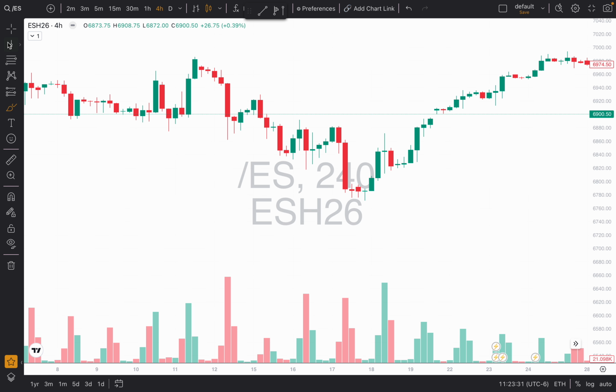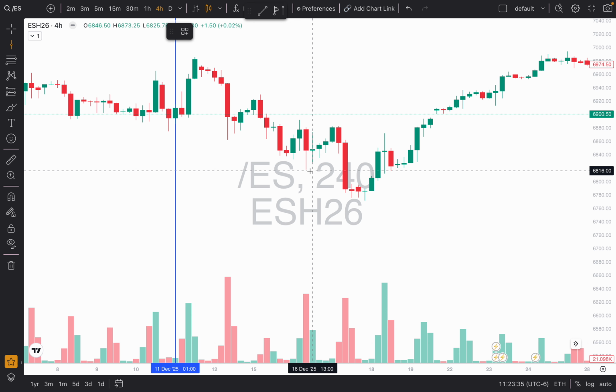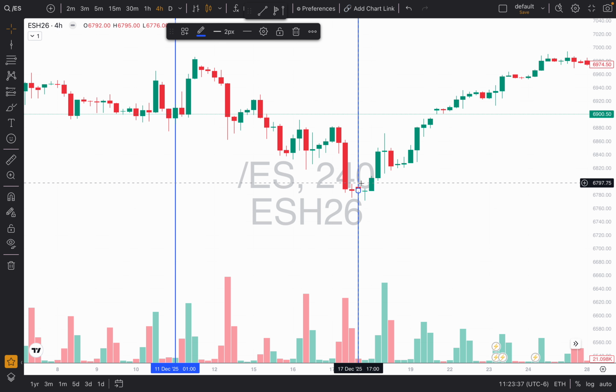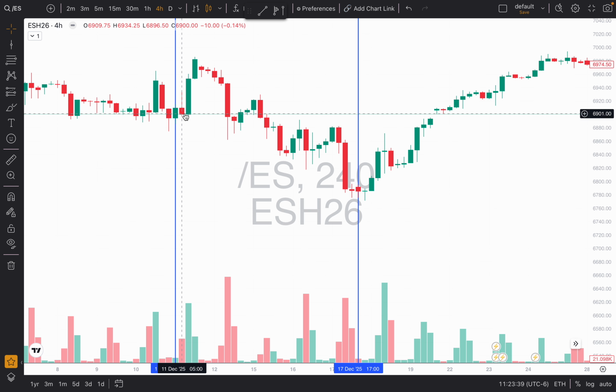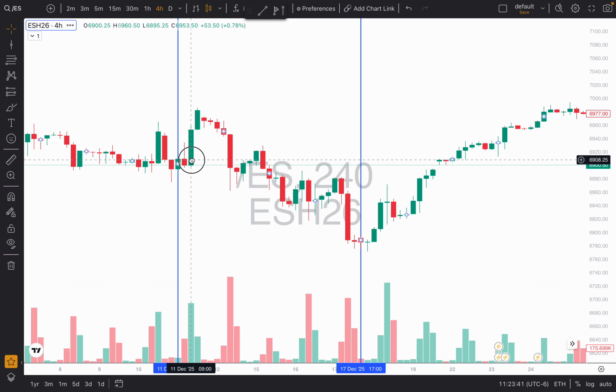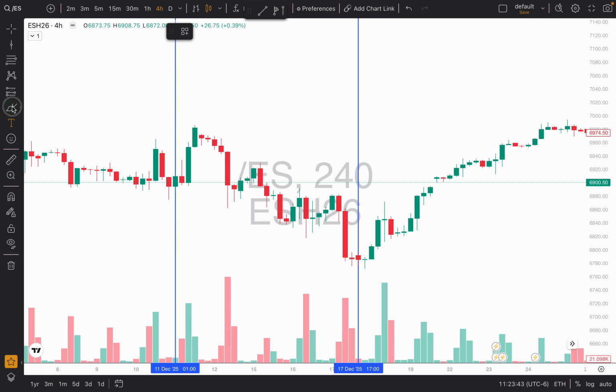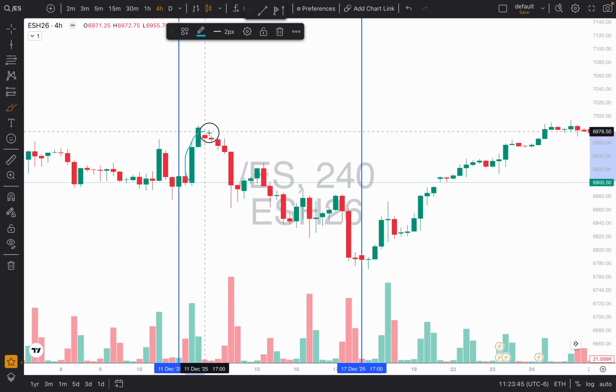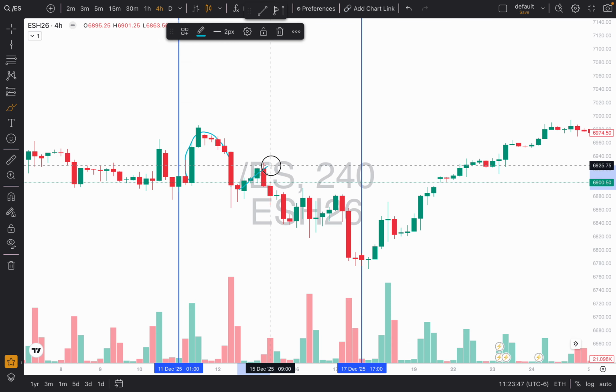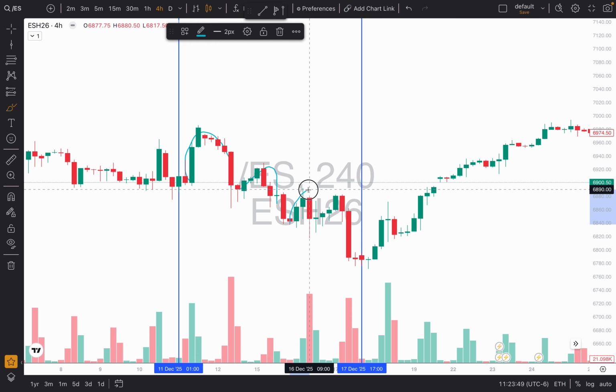So boom, we already identified what swings are, right? It's just whenever price swings up, you have these swings, right? And even then, what you see, bro, is price moving lower and lower.